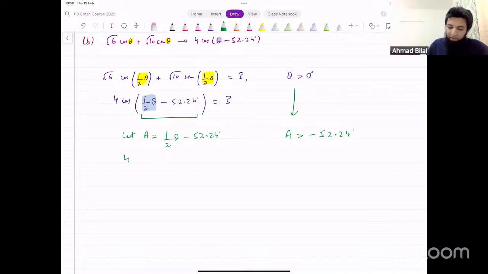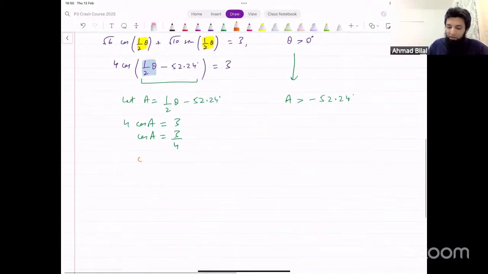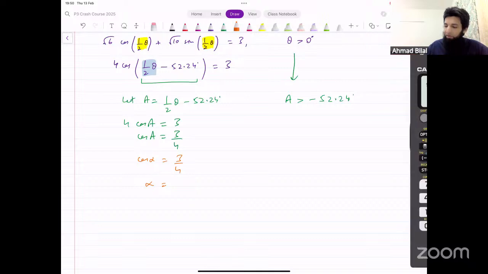Now we say we have 4 cos of A that equals 3. Cos A equals 3 over 4. Okay, find the basic angle. Cos alpha equals 3 over 4. What's the basic angle that we get?